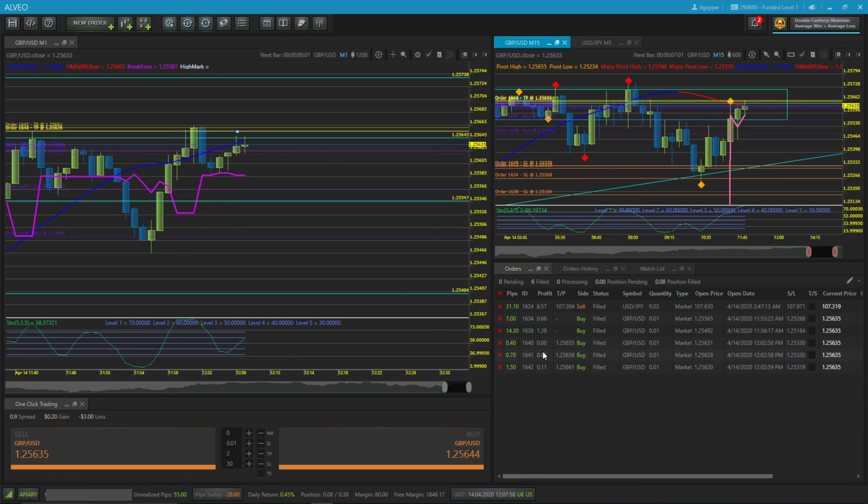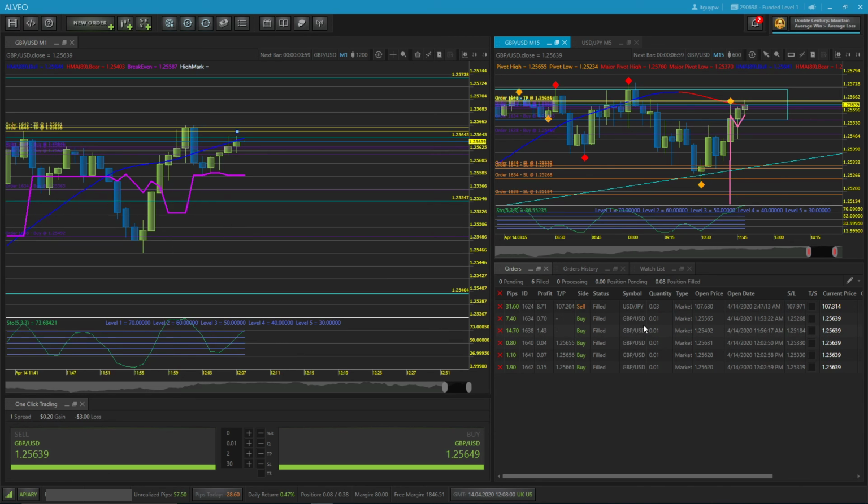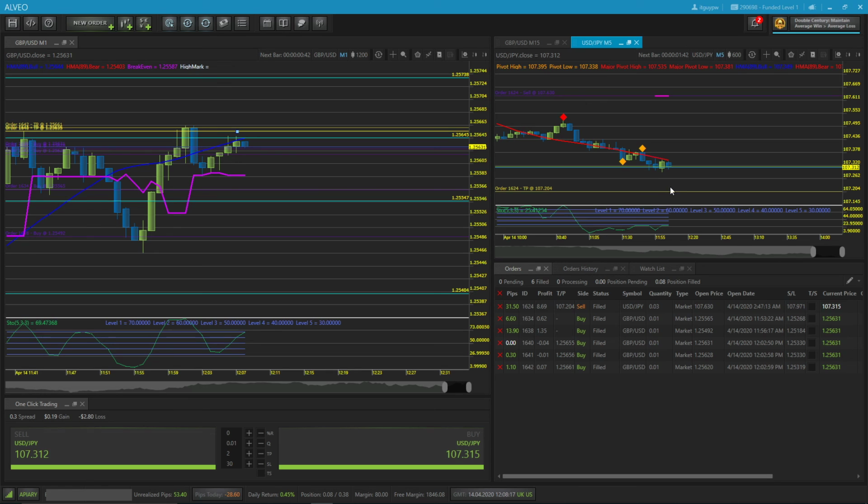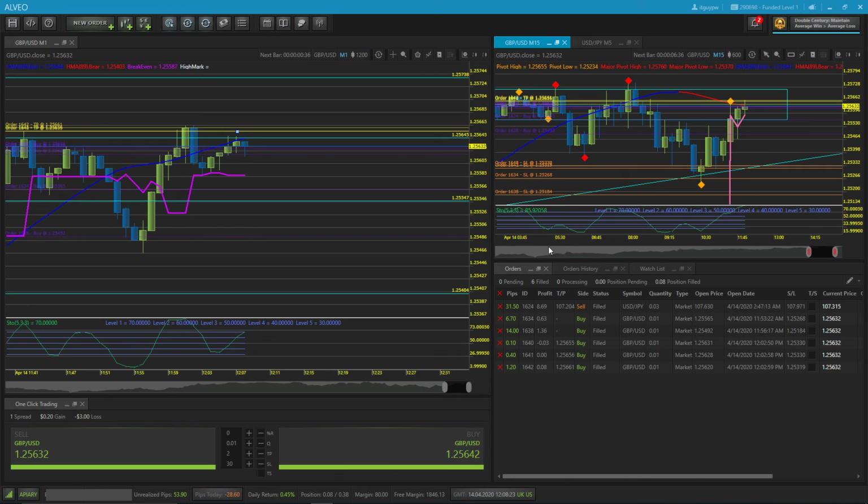It's also good that we're trading on USD pair for both sides, and they're correlating, right? The sell on the USD JPY means that the price of the US dollar compared to the yen is going down, and we're buying on the pound US dollar, which means the price of the pound is going up and the US dollar is going down, right?